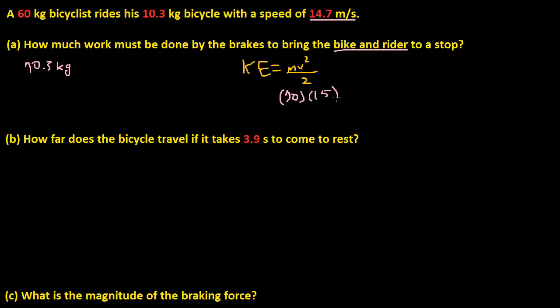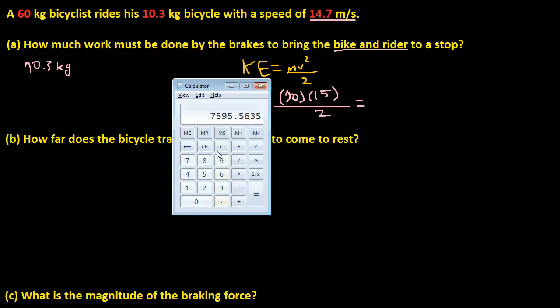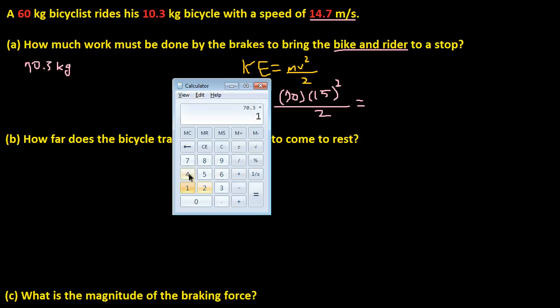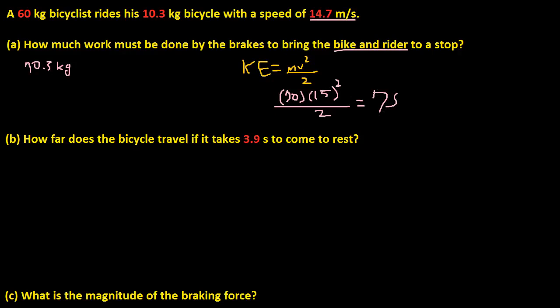So 70.3 times 14.7 times 14.7, because I'm using real numbers, all divided by 2 is equal to 7596 joules, or 7.596 kilojoules.